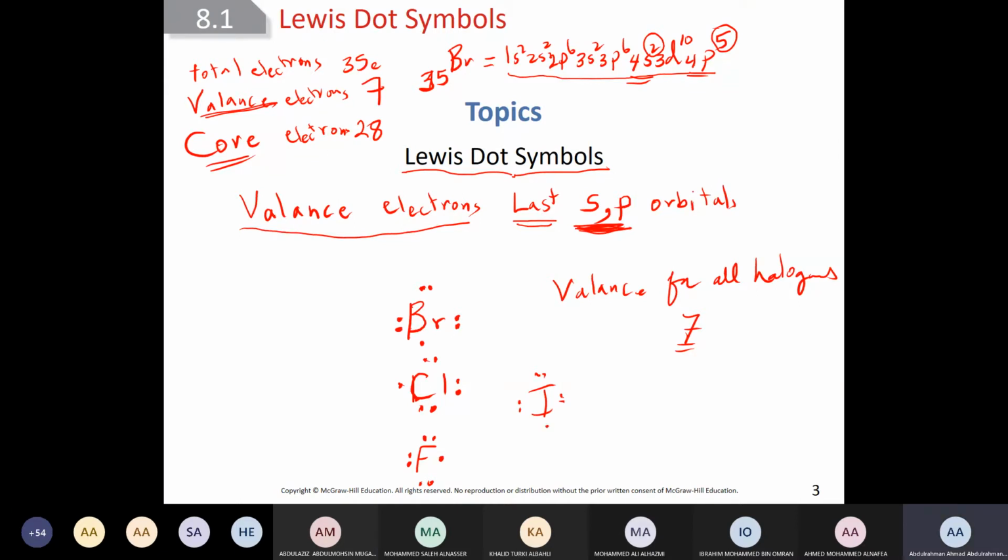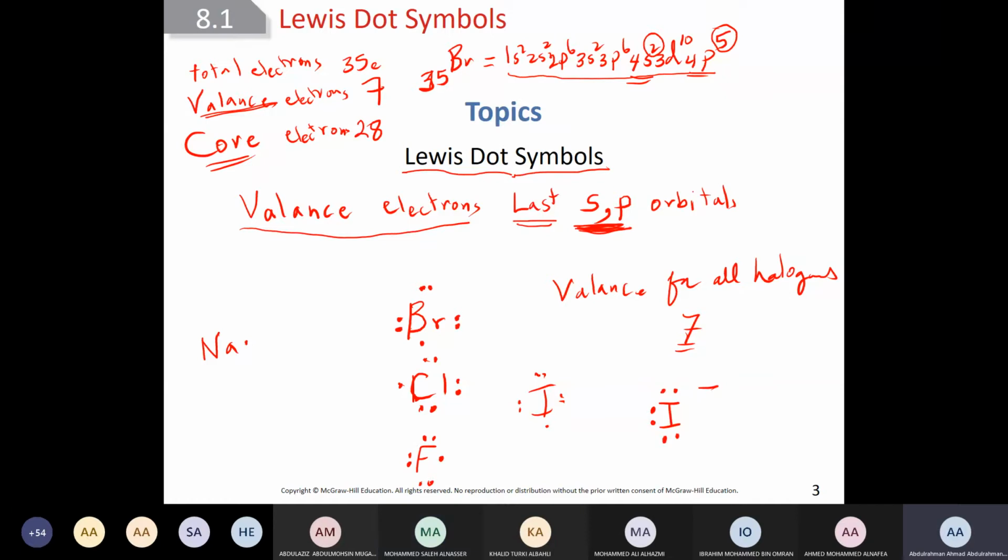And how about if I want to draw it for sodium? What's the valence of sodium? One, only one. Okay. How about if I want it for iodide, I minus? What are you going to do? Add 1 electron, I add 1 dot.